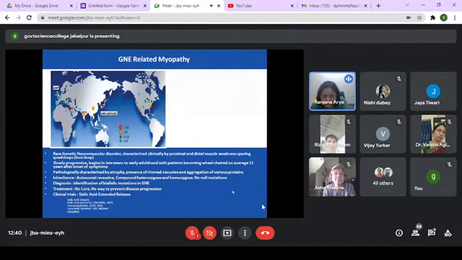These patients are diagnosed with biallelic mutations in the gene GNE, which is the key sialic acid biosynthetic enzyme that, if defective, causes hyposialylation in the cell, and patients suffer from various phenotypic characteristics, which our lab is trying to understand.